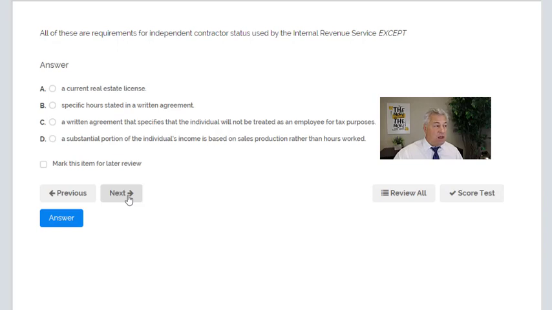B, specific hours stated in a written agreement, like hours that they work. C, a written agreement that specifies that the individual will not be treated as an employee for tax purposes. And D, a substantial portion of the individual's income is based on sales production rather than hours worked.